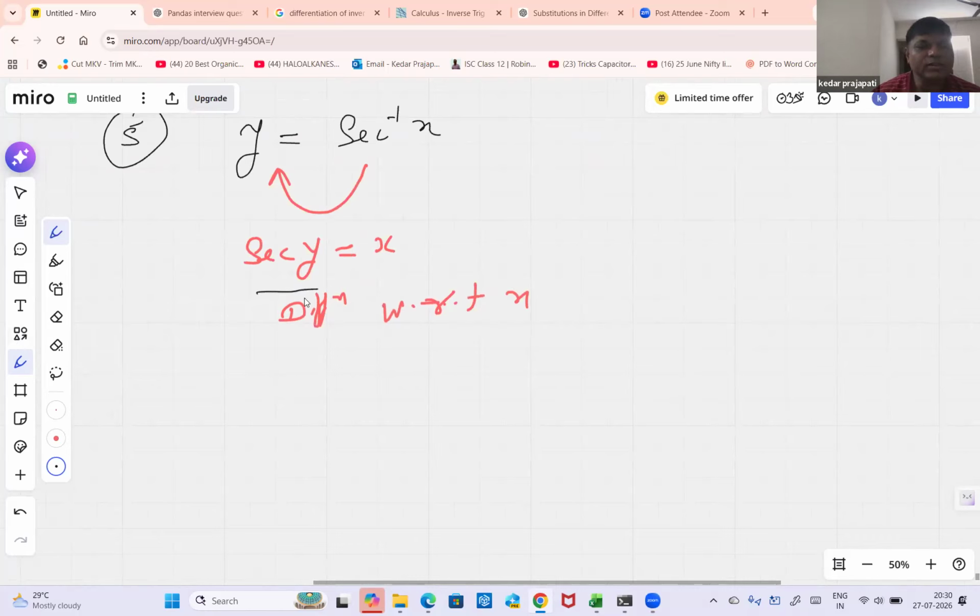Secant y into tan y into dy by dx is equal to 1.